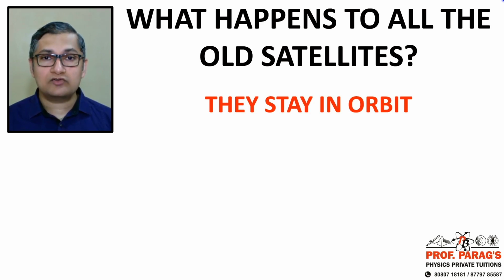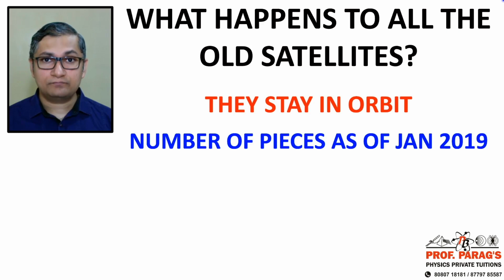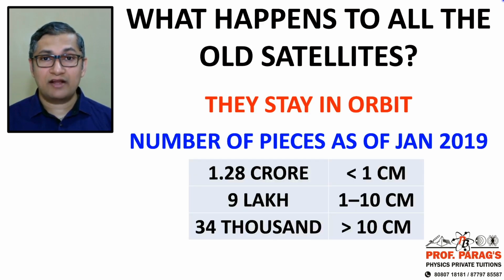So what is going to happen because of this? As a result, we have a lot of objects in orbit. This table is giving you a rough idea of how many objects are there around Earth in space. This data is from Wikipedia, as of January 2019.